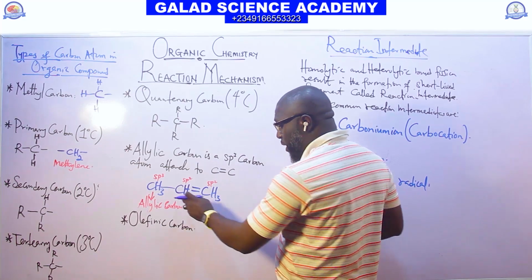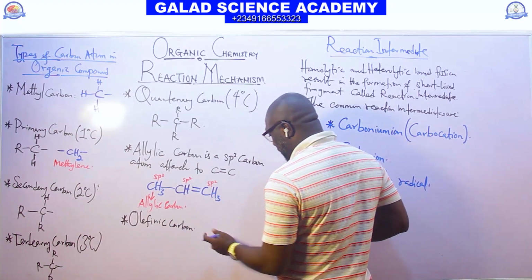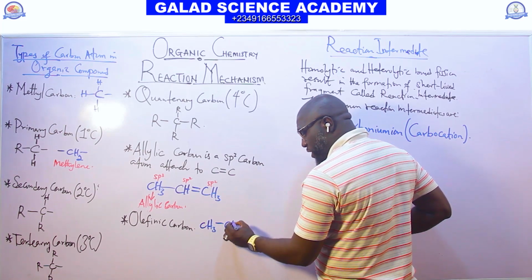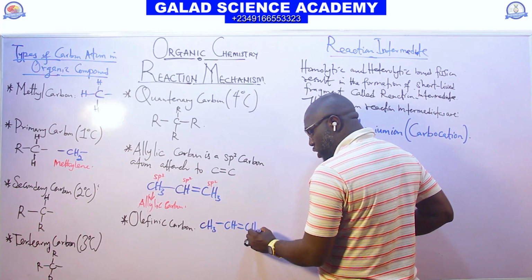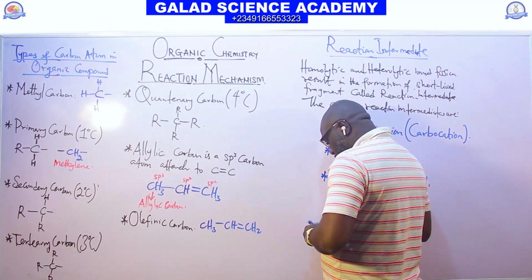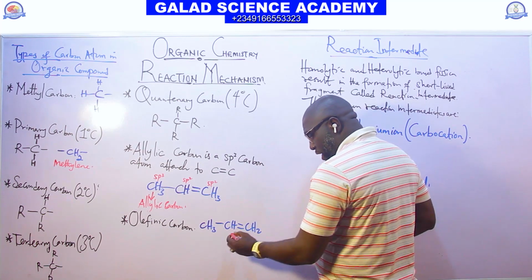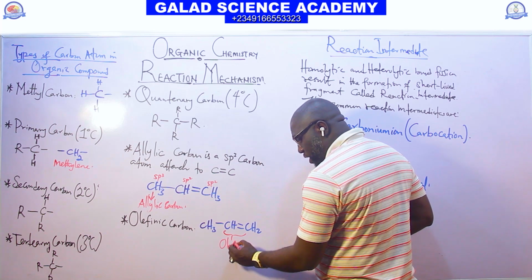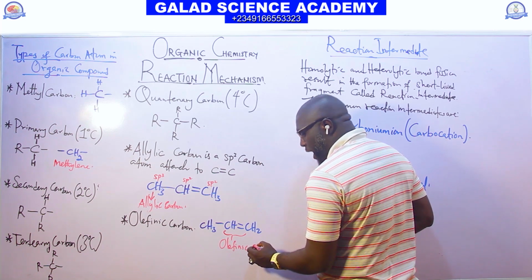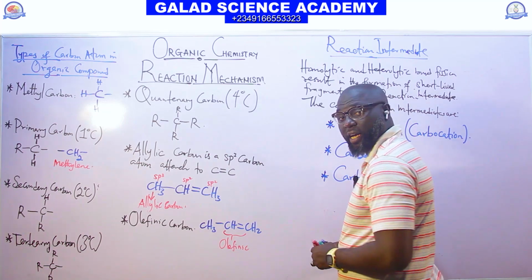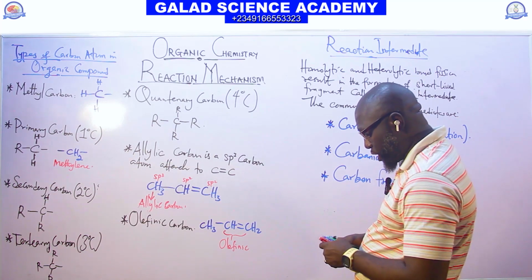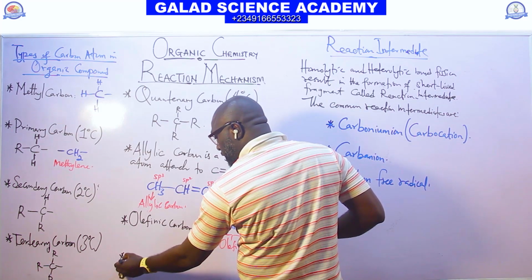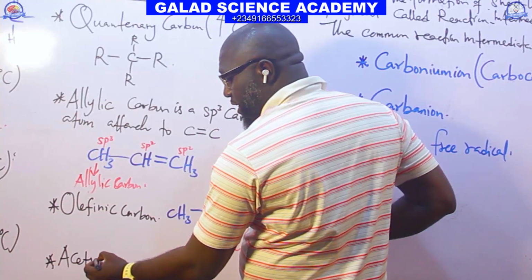Like these two carbons, they are olefinic carbons. We have CH3 here, and we have CH double bond CH2. These two carbons are called olefinic carbon atoms, and their hybridization is sp2.